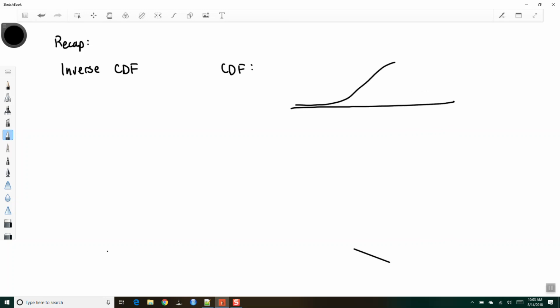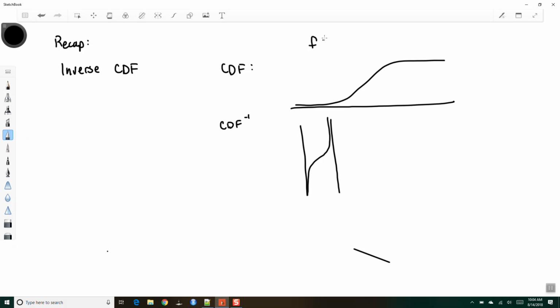And then on Thursday, we covered rejection sampling, where you have some kind of target density, target PDF that you want. Let me just recap. We have the inverse CDF method. The CDF goes something like this, and then the CDF inverse will look like this.